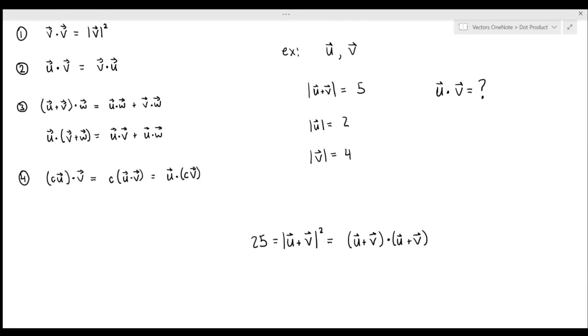So now that I've rewritten this as a dot product, what can we do with this here? One thing that you can do with dot products, because the dot product is distributive, because of these two properties, that means that in an expression like this, you can actually sort of FOIL it out. So we can FOIL this, and it would be u dot product with u first.